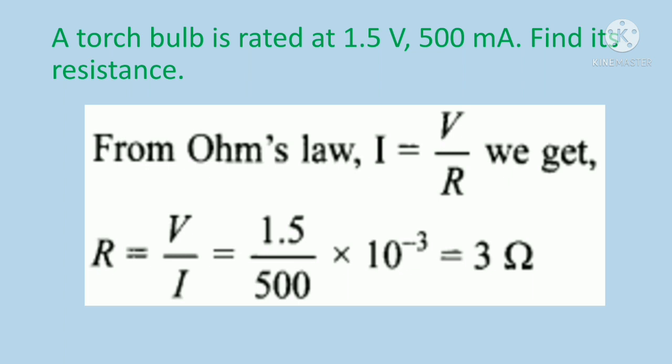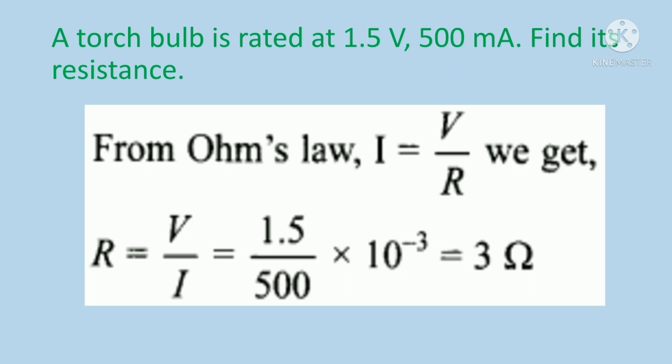A torch bulb is rated at 1.5 volt, 500 milliamp. Find its resistance. We know the relationship between the potential difference, current, and the resistance, that is given by Ohm's law. According to Ohm's law, I is equal to V divided by R. We have to find the R here.